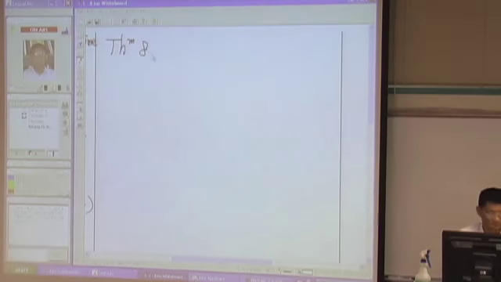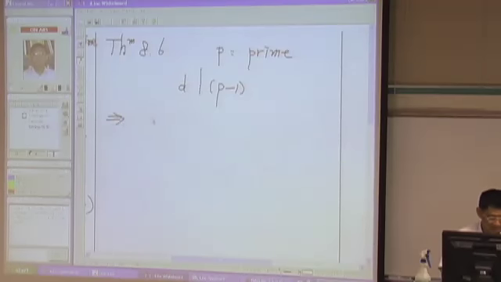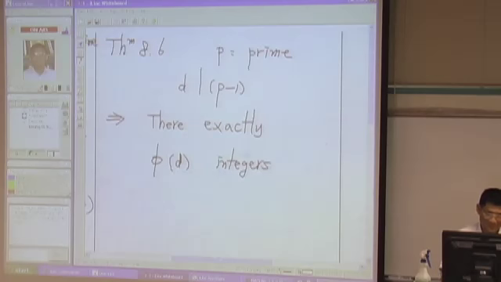Theorem 8.6 says if p is prime, and d divides p minus 1, then there are exactly phi of d incongruent integers having order d mod p.